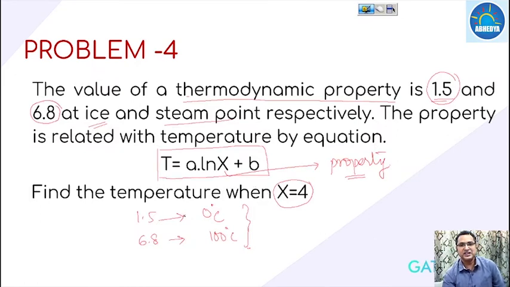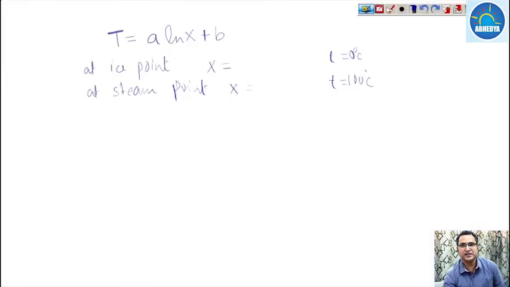So at 0 degree centigrade x is 1.5, at 100 degree centigrade x is 6.8, and we have to find out the temperature corresponding to x equal to 4. Okay, so this is the brief of this question.